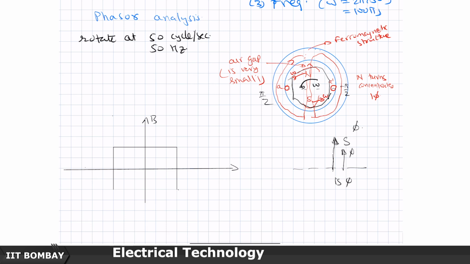So, the B structure is going to be 1, 2 and 3, 1, 2, 3.